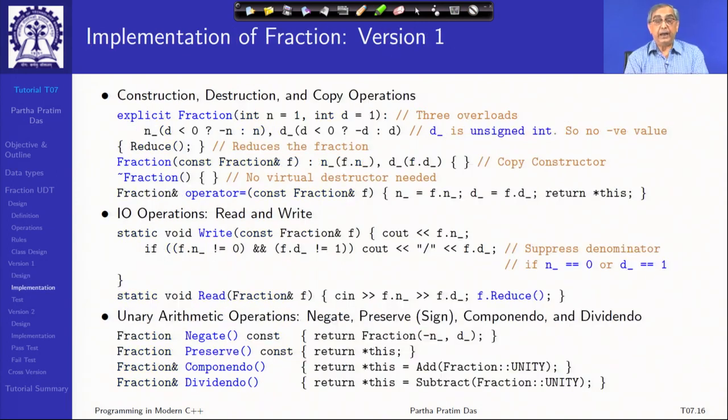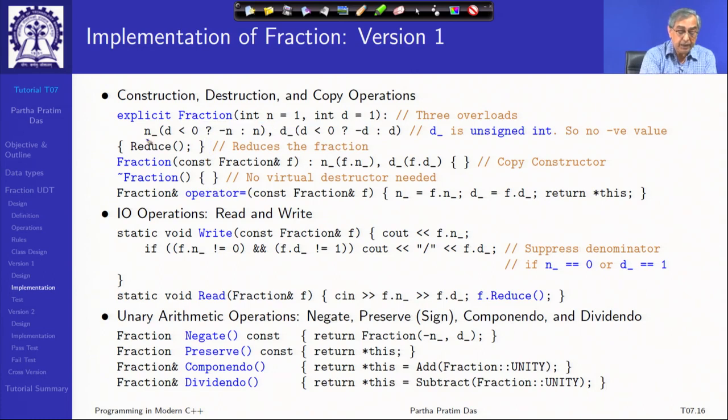So, having done that, I have a design, now all the interface. So, now I will have to implement in terms of the two data members, n underscore for the numerator and d underscore for the denominator. So, these are very trivial implementations. For example, this is a constructor which has to construct and do a reduce.